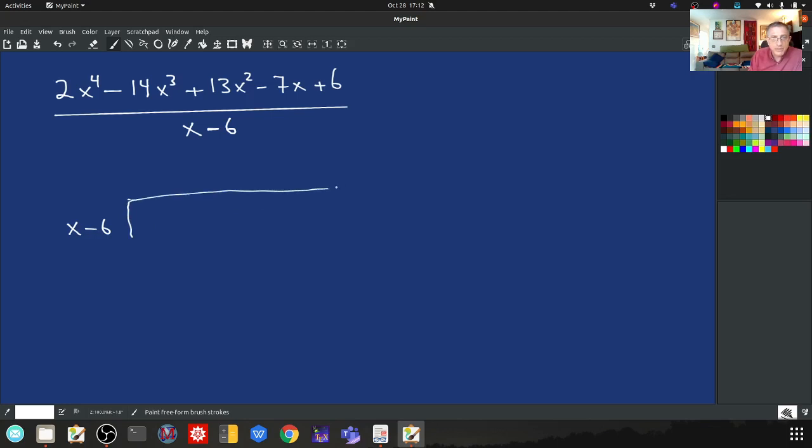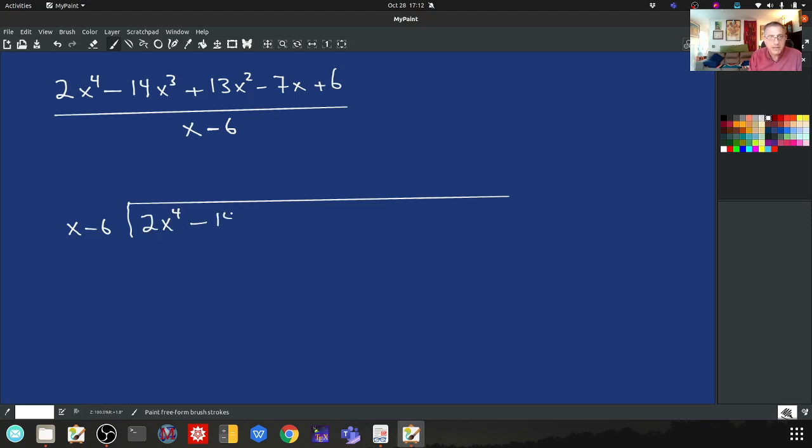In this case, we always have to write, not the best, I don't like that. At least for that top line, it can be straight. I don't care so much about the vertical. So we have to make sure that we write things in descending order of powers, or degree. So that's degree 4.